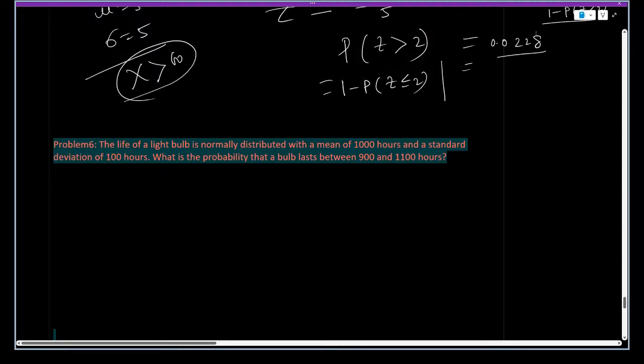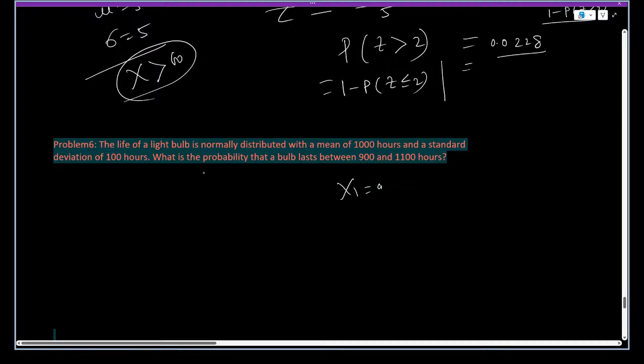The life of a bulb is normally distributed with a mean of 1000 hours and standard deviation of 100 hours. What is the probability that a bulb lasts between 900 and 1100 hours?